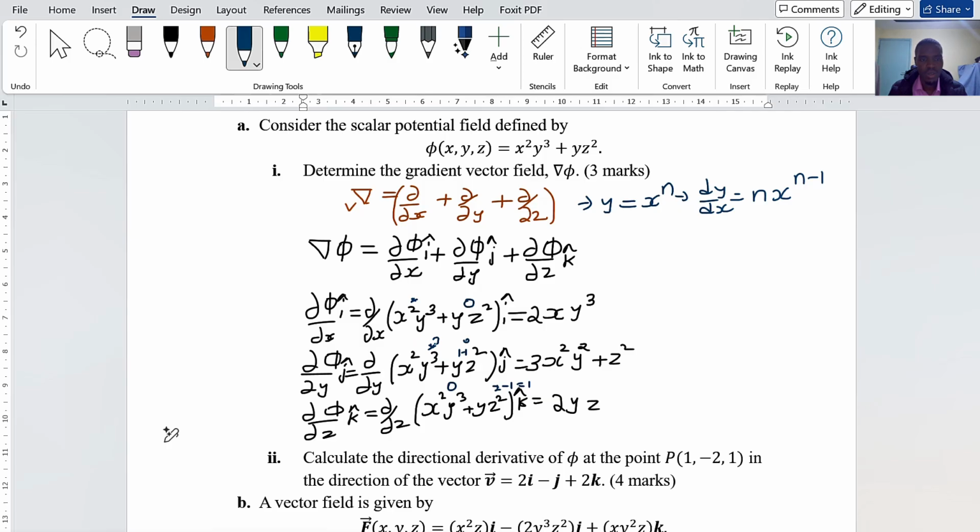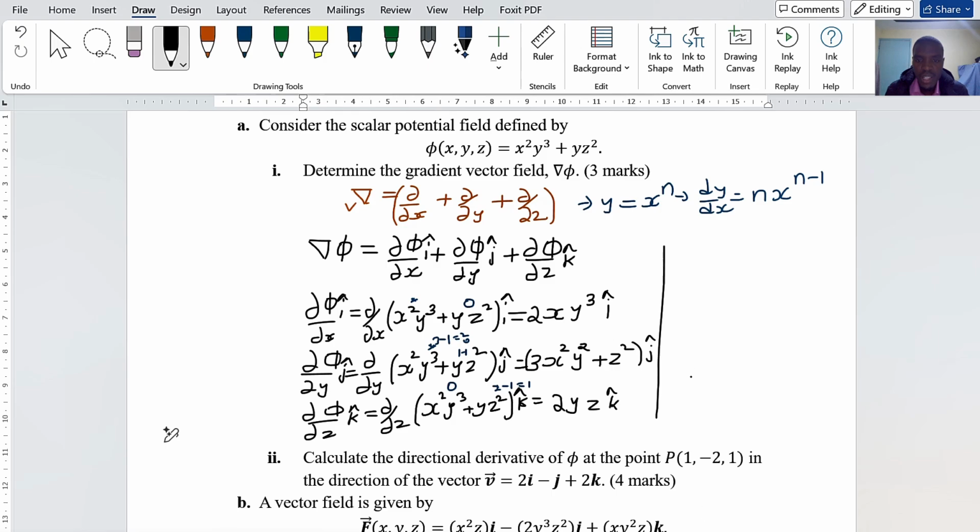Here 3 minus 1 is equal to 2. Now that is why we remain with z alone. And remember, the whole of this is j, the whole of this is i, and the whole of this is k. Good. So that is what we have.